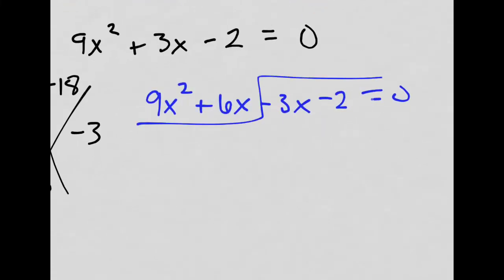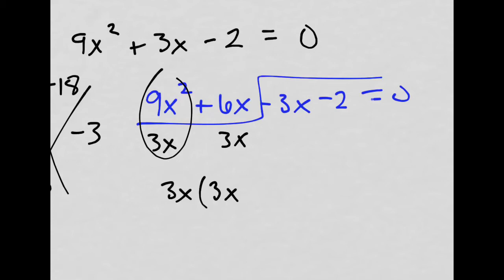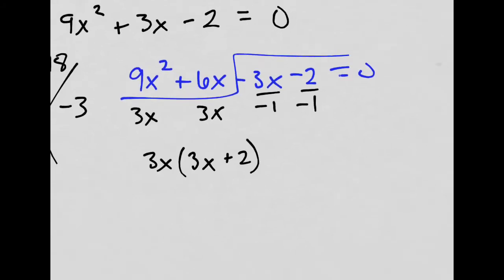And I can do that step. I can divide that by 3x. So I get that 3x on the outside, and I get 3x on the inside, right? That's what I get there. And here I get a plus 2, and I can divide by negative 1. And that gives me 3x plus 2 as well.